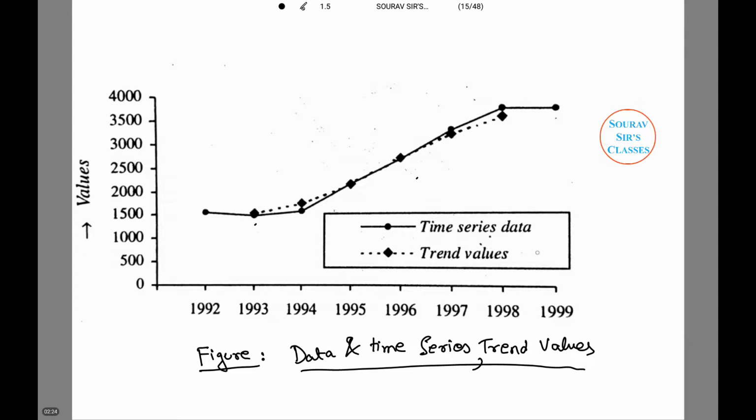This is shown by the dotted values. If your graph looks even closely like this figure that I have drawn, you are absolutely correct, because the trend values are not fluctuating much. This is because we take a moving average.